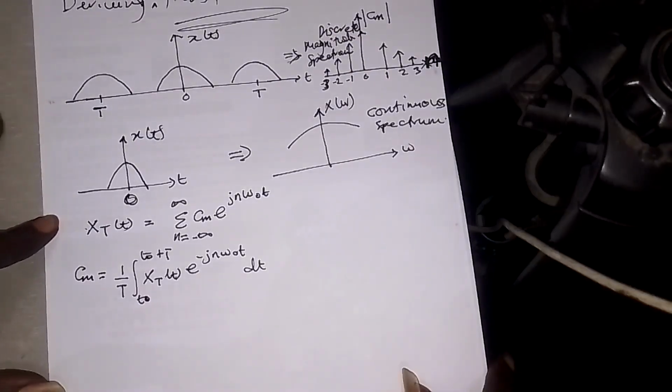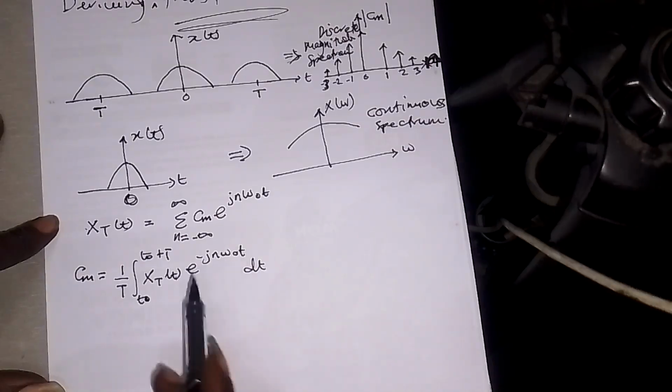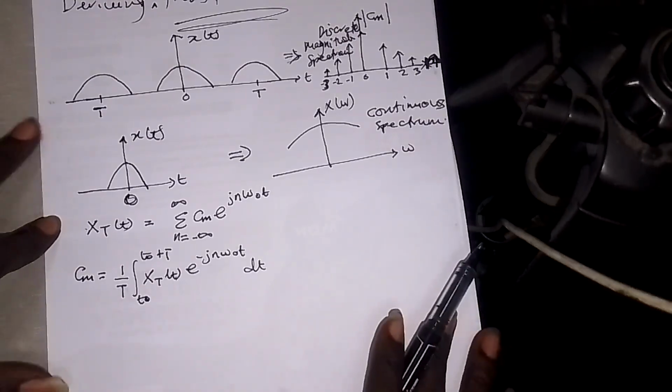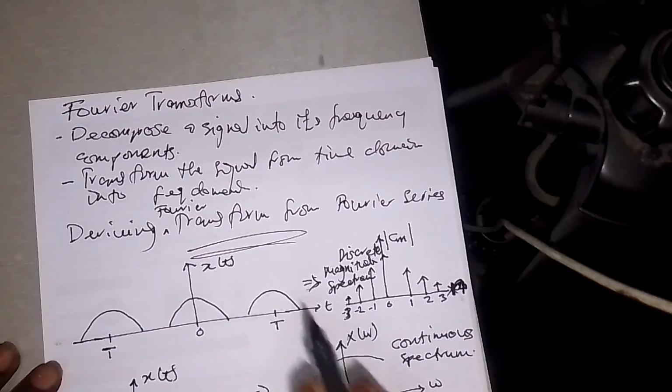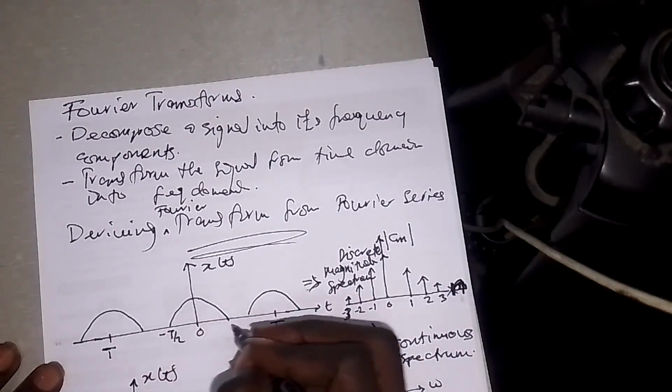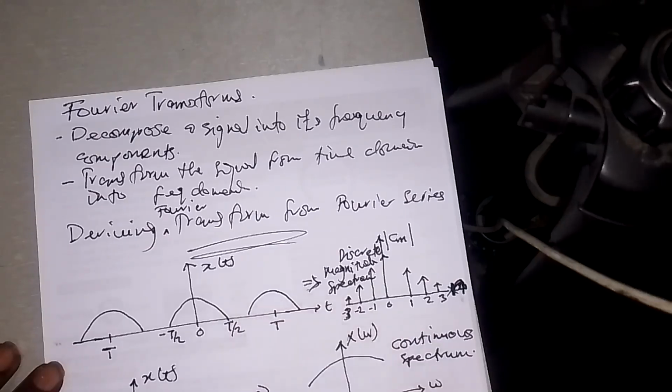Now what we can do with this is that we can give some period to the signal. Let's say that this place is minus T on 2, and then here is T on 2.